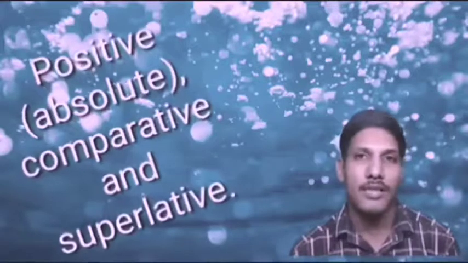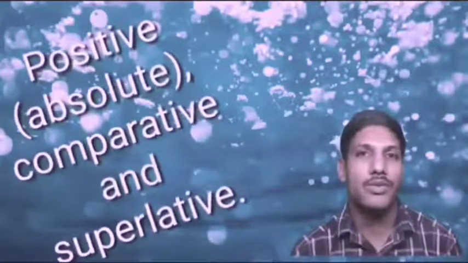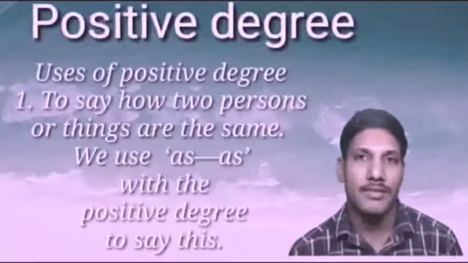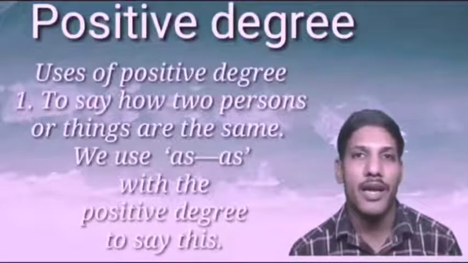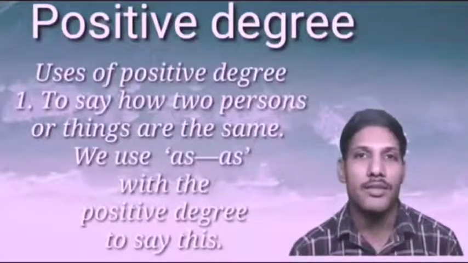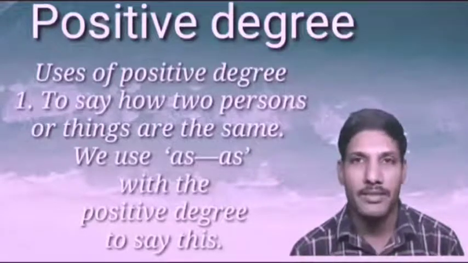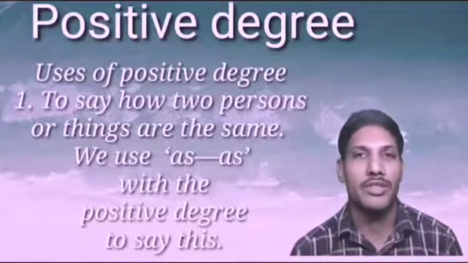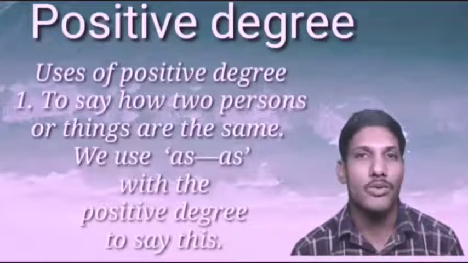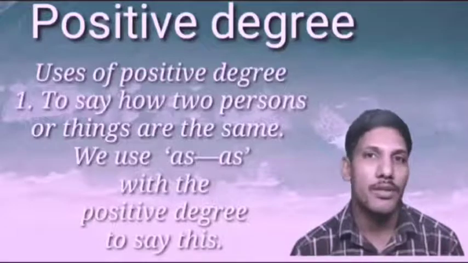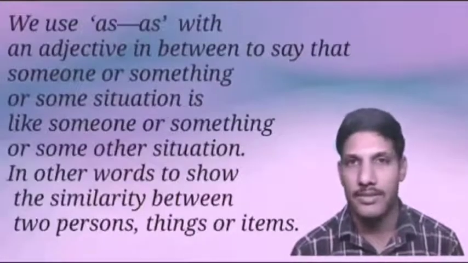Now let us see where we can use the positive degree. The first usage is when we have to say how two things or persons are the same. That means we can use positive degree to show the similarity between two people or two objects.